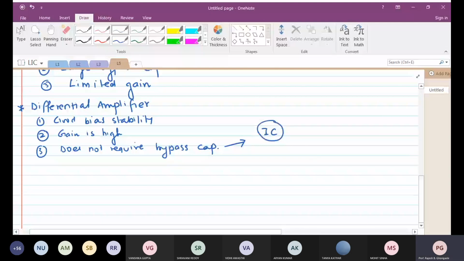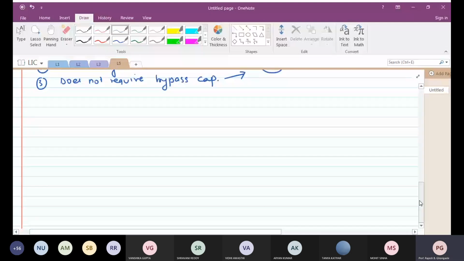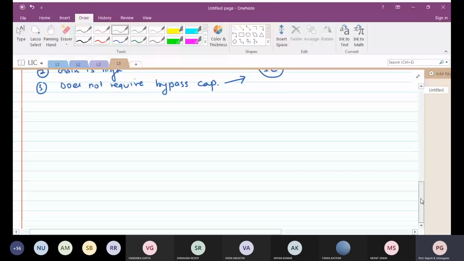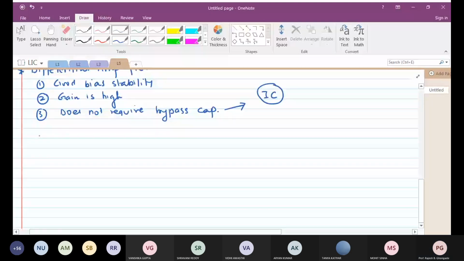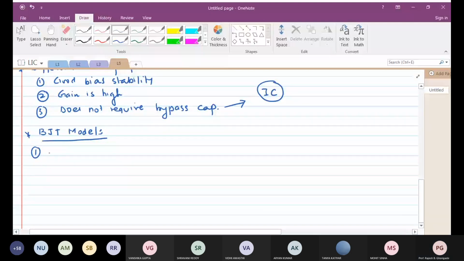Okay. So before we start with the differential amplifier, there are a couple of things that require to be understood, and it starts with the BJT models. We have already seen one particular model. Now, one earliest model which normally is taught in the lower classes is called the Ebers-Moll model.